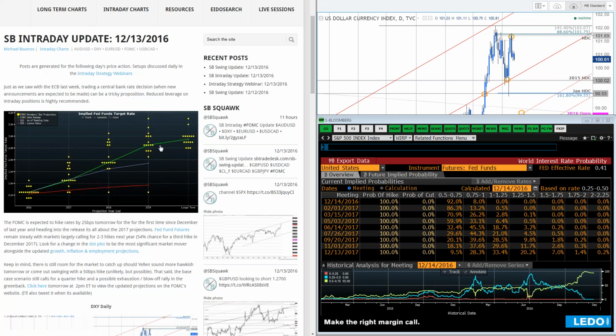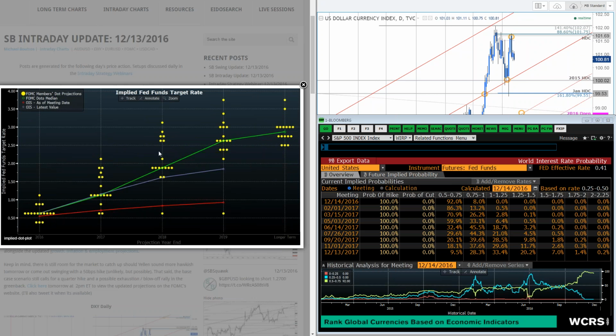Let me go back to this. I guess this is pertinent now. So here's a chart by Bloomberg in which they overlay what the Fed dot plot is showing, as well as what the overnight index swaps, the OIS, is showing. So in red, first, you could see as of the last meeting date, this is what the markets were factoring in as far as interest rates moving forward for each calendar year.